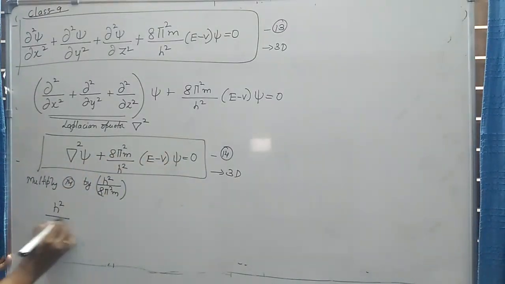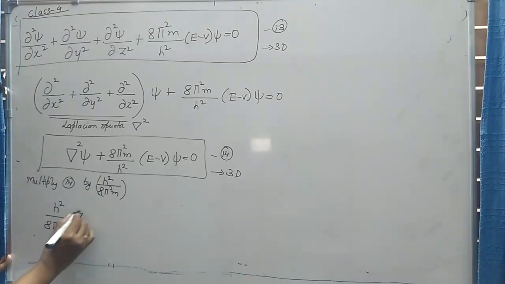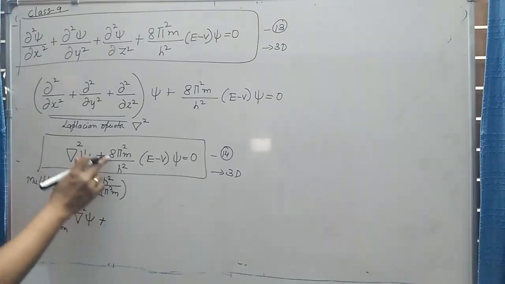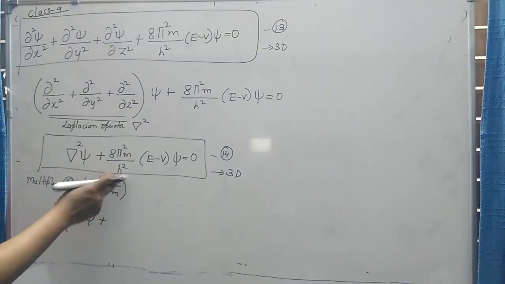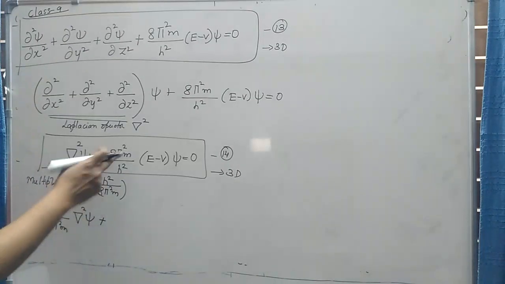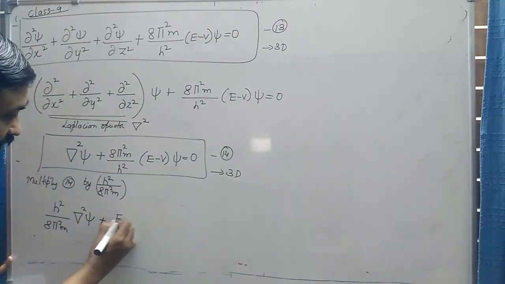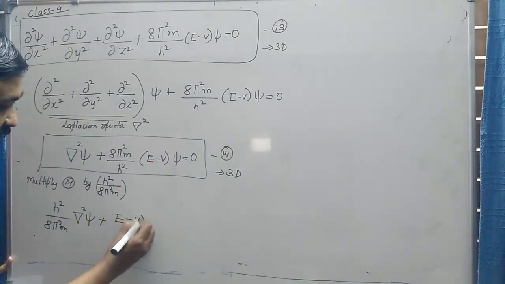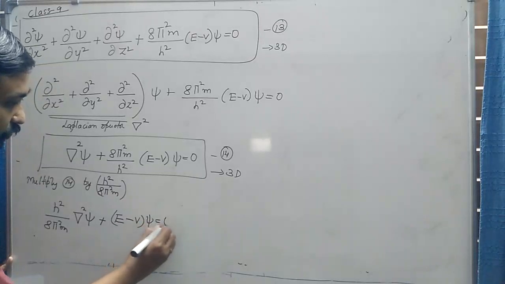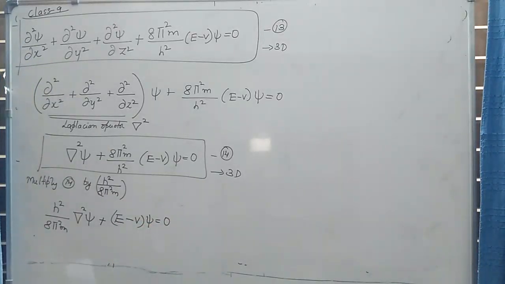The first term becomes h square by 8 pi square m into del square psi. Here I have 8 pi square m by h square; when it is multiplied by this term, you can see that they are reciprocals of each other, so they cancel and become 1. So plus E minus V into psi is equal to 0.